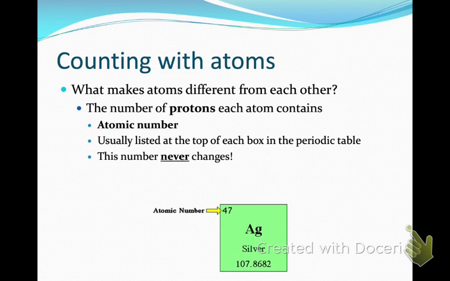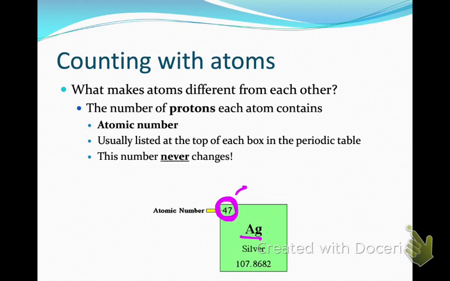Okay, the number of protons in a particular atom or a particular element never changes. So silver, for example, Ag here, will always have 47 protons. We said the number of neutrons can change. We even know the number of electrons can change, but the number of protons never changes because if it does, it's no longer that element.